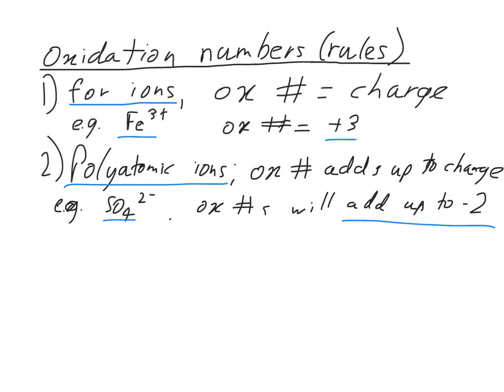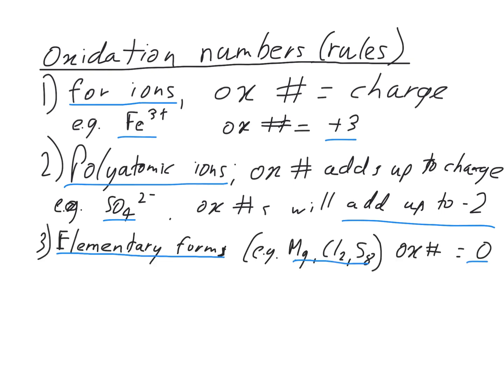So next up, when we're dealing with polyatomic ions, when you add up all the oxidation numbers of the component elements, they should add up to the overall charge. So for example, if you look at sulfate, SO42-, if you add the oxidation number of 1 sulfur and 4 oxygens all together, they should add up to -2.